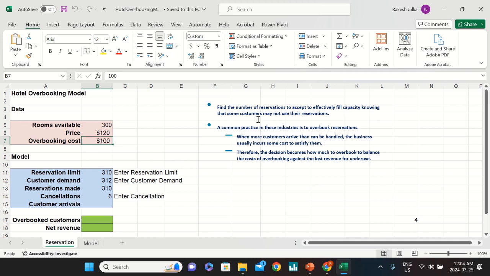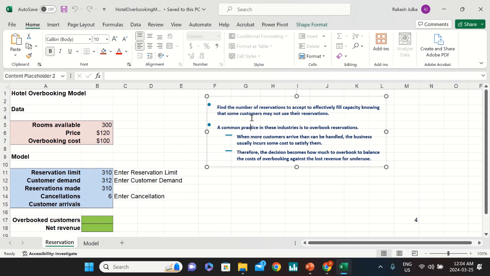Now what we require is to find the number of reservations to accept to efficiently fill capacity, knowing that some customers may not use their reservation. It means some customers can cancel their reservation as well. The common practice in this industry is to overbook reservations, because there may be some cancellations, maybe 5 or 6.